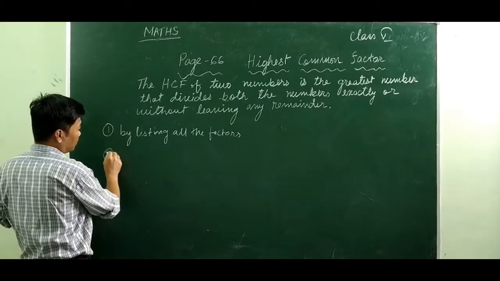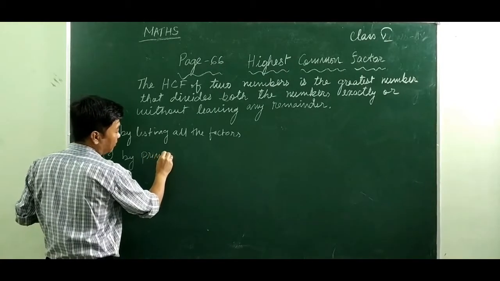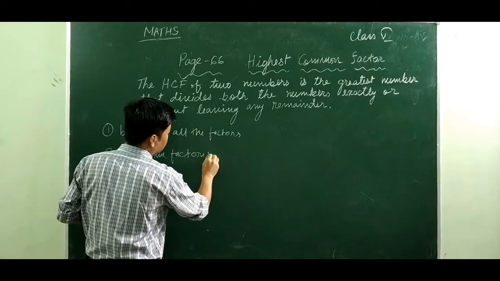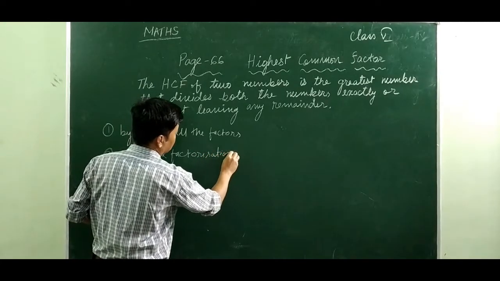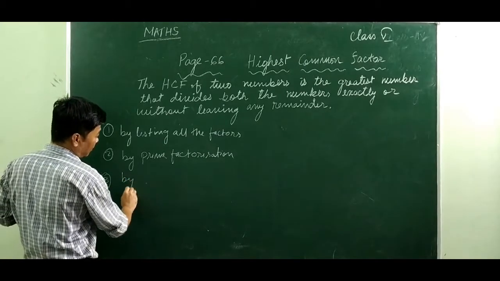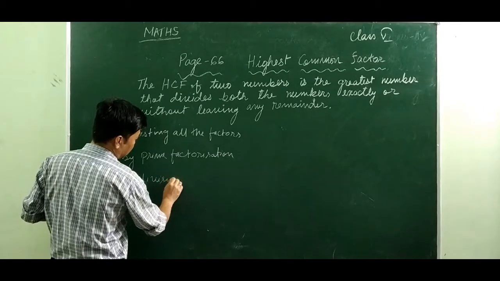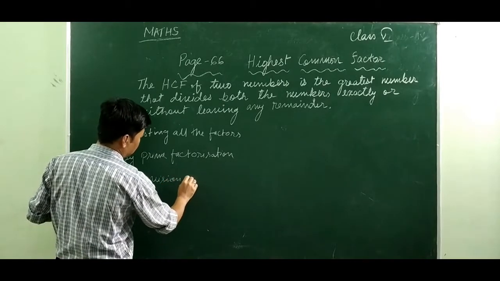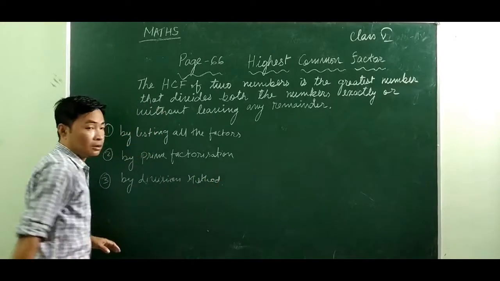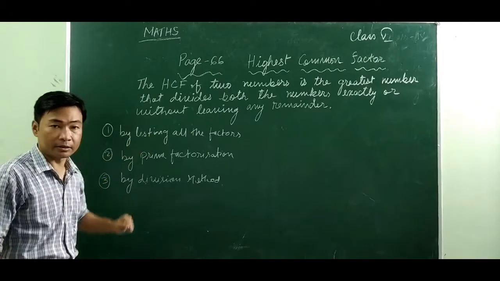Number two, by prime factorization, and number three, by division method. Today we learn about the two methods, starting with listing all the factors.